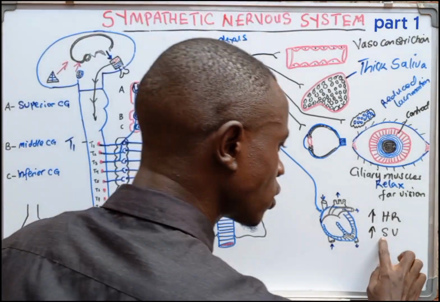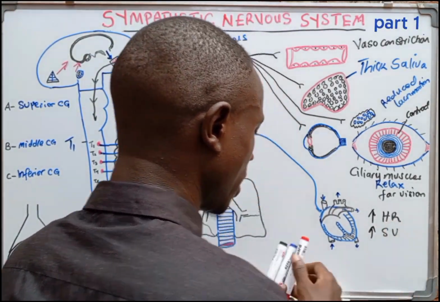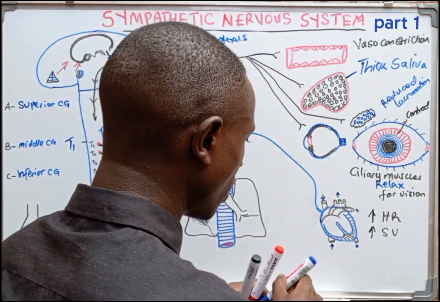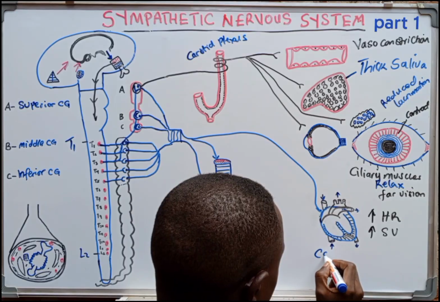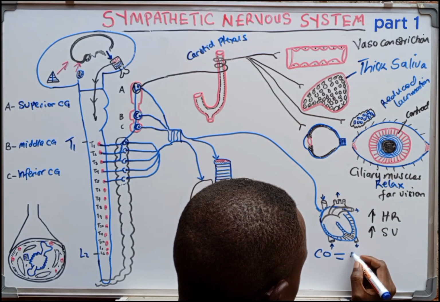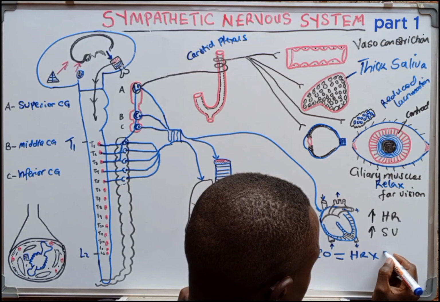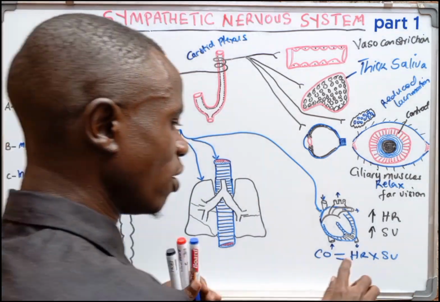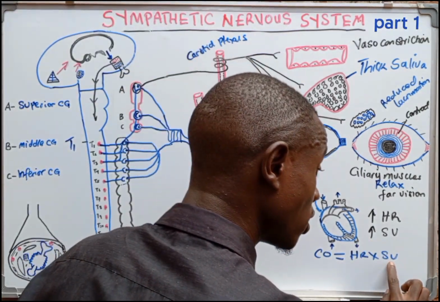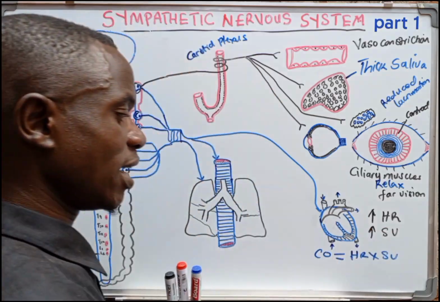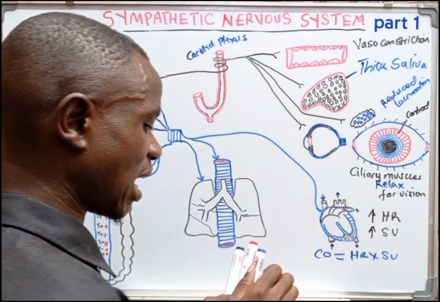So if you increase stroke volume and heart rate, remember we have this formula: cardiac output equals heart rate times stroke volume. Now if you increase stroke volume and heart rate, you're going to be increasing cardiac output.